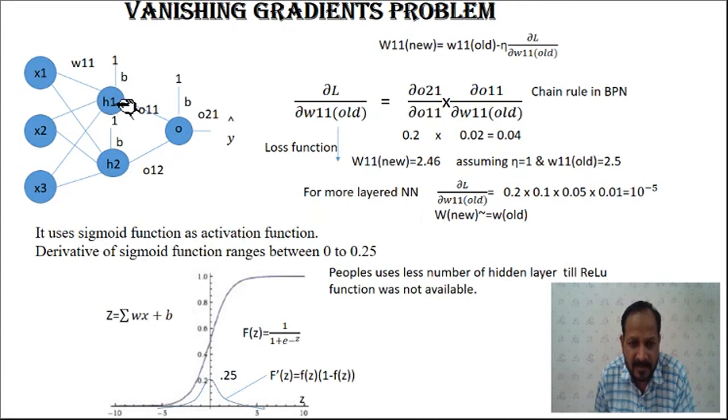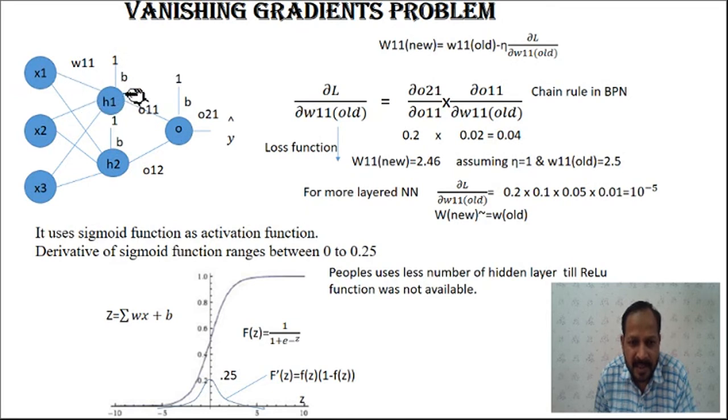Along with that, there are bias inputs for each hidden neuron as well as the output neuron, and these are the outputs. O11 is the output of H1, O21 is the output of the output neuron, and O12 is the output of H2.